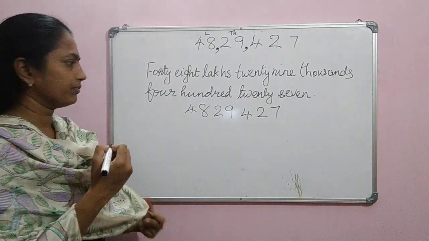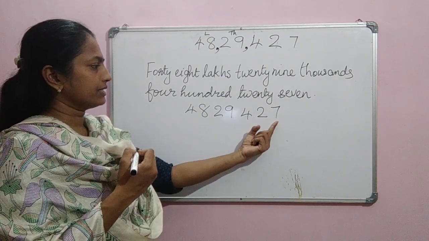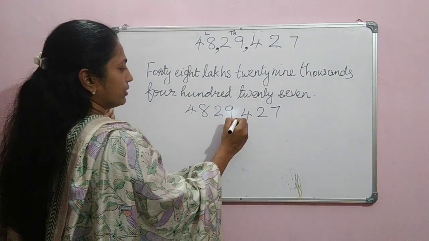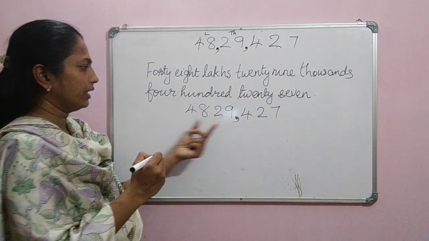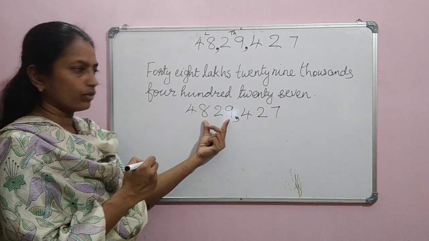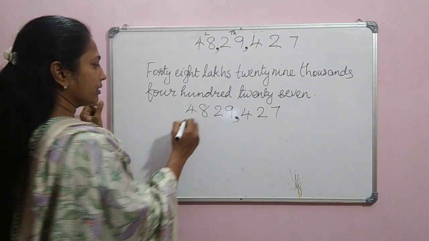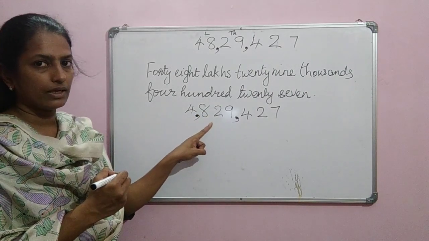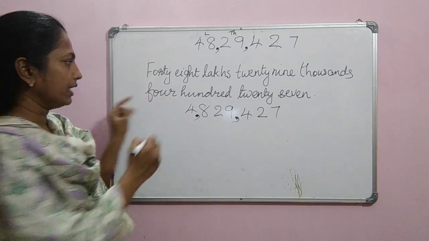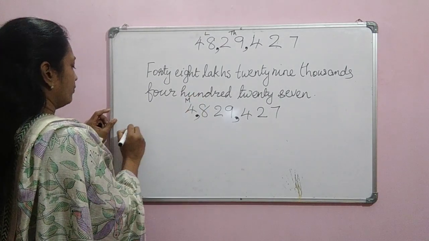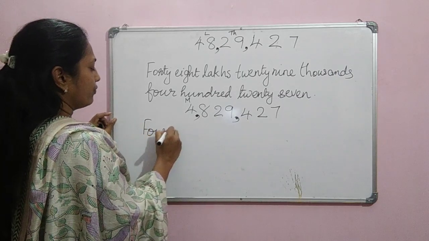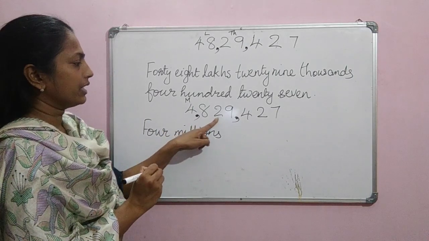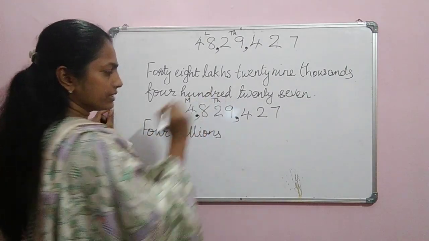In international system, the grouping is like ones, tens, hundreds together in ones group. Then after that we put comma. Then next thousands group, 1,000, 10,000s and 100,000 we put comma. So the grouping is over. Now write the number names. Then 4 comes in millions group. So we have 4 millions. 829 in thousands group.